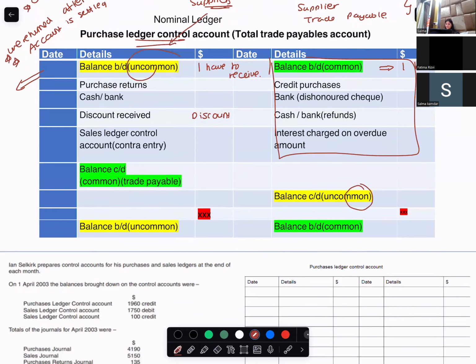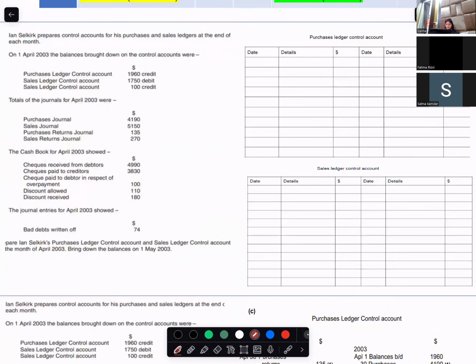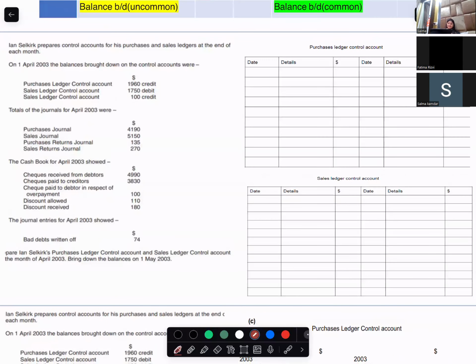Now keep the two formats in mind and try this sum of Yarn Shake. You have to prepare the PLCA and you have to prepare the SLCA. What you will do is, over here, you will just write whether it comes in the PLCA or SLCA and which side. This is PLCA, which side?